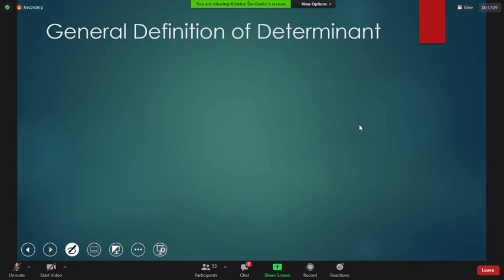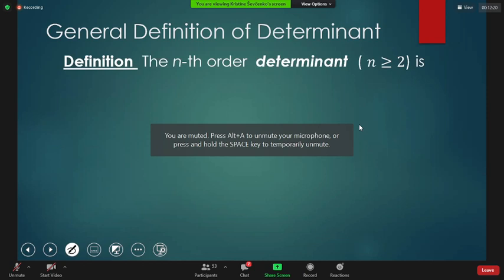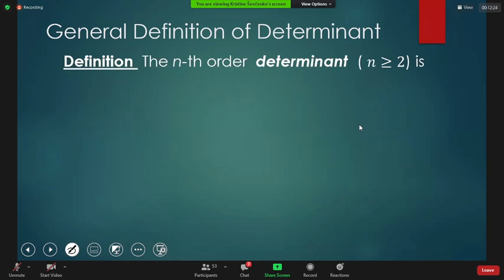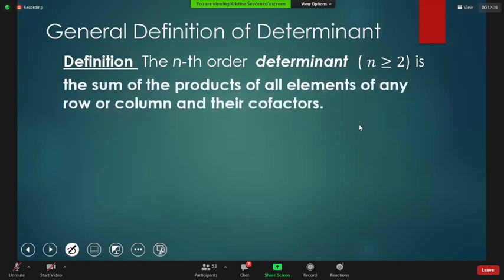Similarly, we will define a fourth order determinant, 4 by 4, using third order determinants, which are minors for this. And so, suppose we have an nth order determinant, 2 by 2, 3 by 3, 4 by 4, and so on, and we need to find its value.